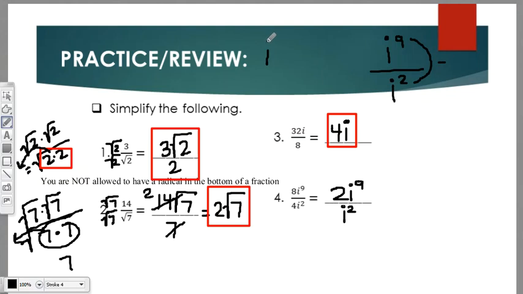Just like if I had I raised to the 9th times I raised to the 2nd, I add their exponents. Multiplication goes with addition, division goes with subtraction. So what happens is it's kind of like I'm bringing that 2 up and subtracting it from it. So now I'm going to have 2I raised to the 7th. Again, subtracting the bottom from the top.